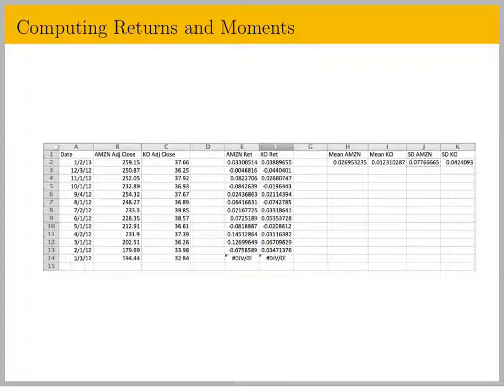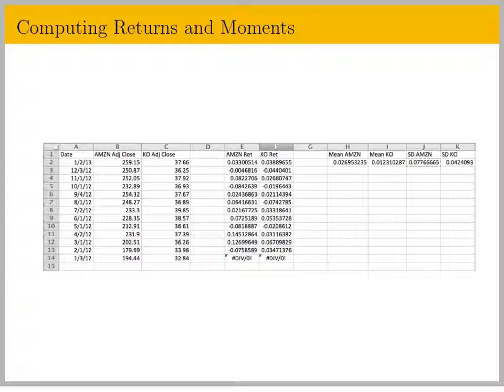So the most recent price is at the top, the oldest is down at the bottom. And then I made a new column where I computed the returns exactly like I said, so that cell E2, this return 0.033, is simply the Amazon return for the month of December 2012.